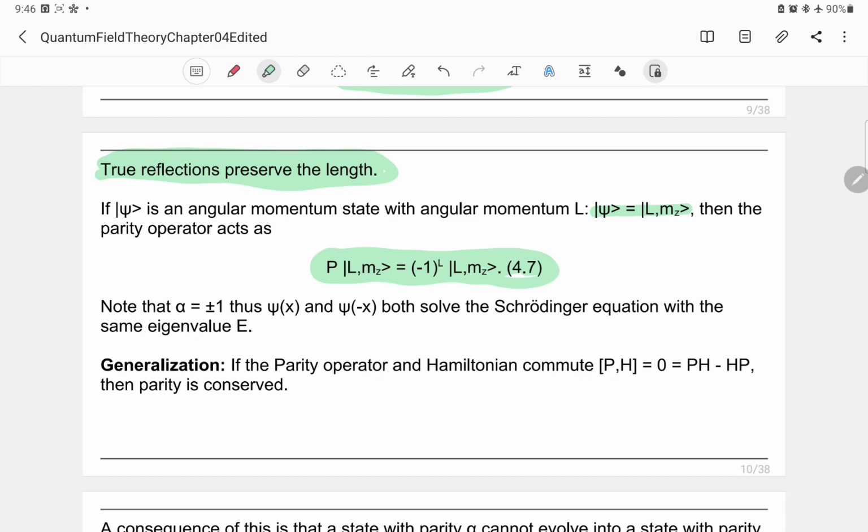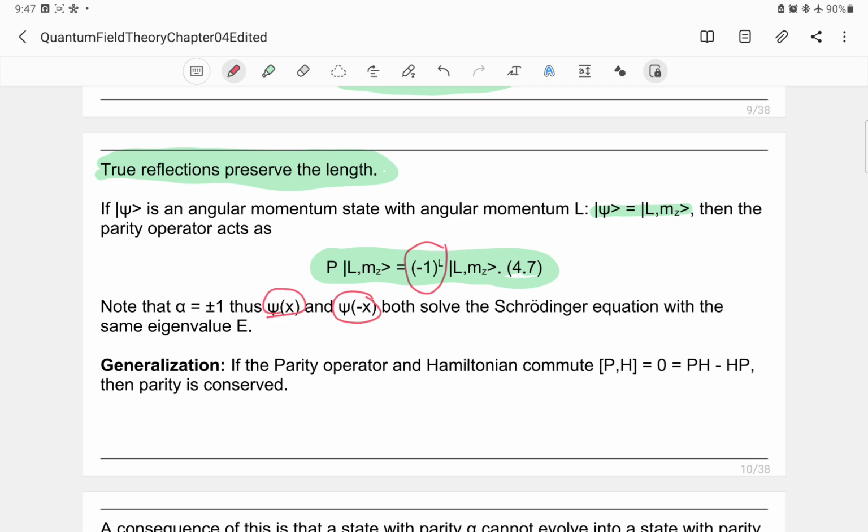Note that alpha here could just be positive or negative 1. So psi of x and psi of negative x would both have to be solutions of the Schrödinger equation with the same eigenvalue E.